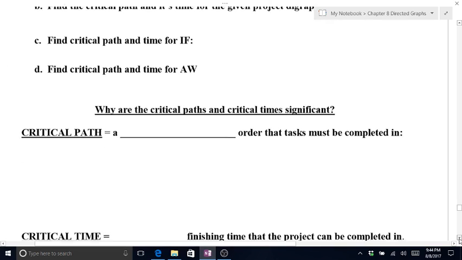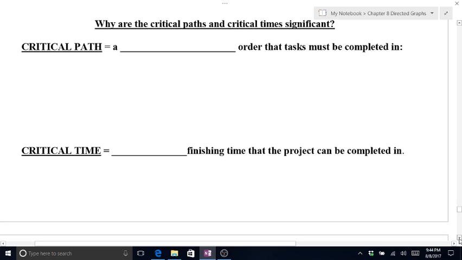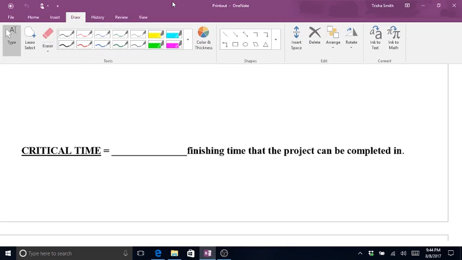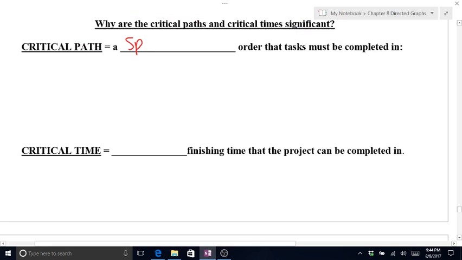Okay? So, why are the critical paths and critical times significant? What makes them special? A critical path is a specific order that tasks must be completed in.